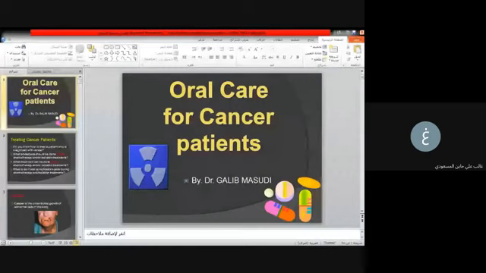First, inflammation. This is accompanied by painful mucosal erythema, which can respond to local anesthetic. Second, painful ulceration with pseudomembrane formation, and in the case of myelosuppressive treatment, potentially life-threatening sepsis requiring antimicrobial therapy.